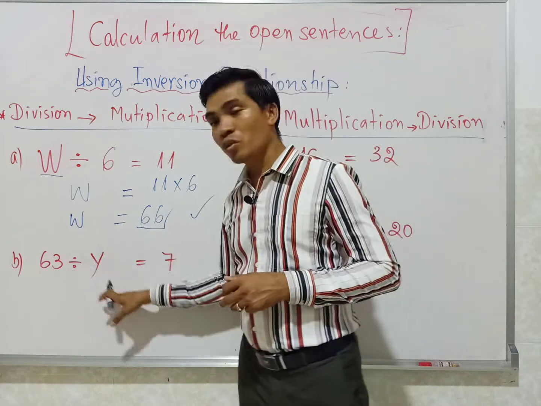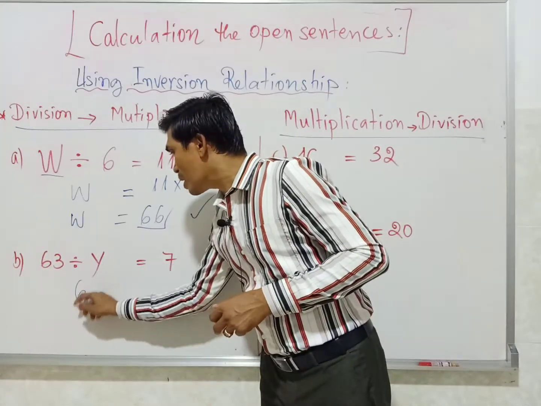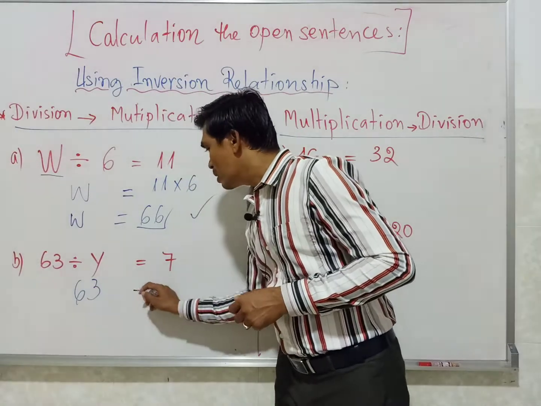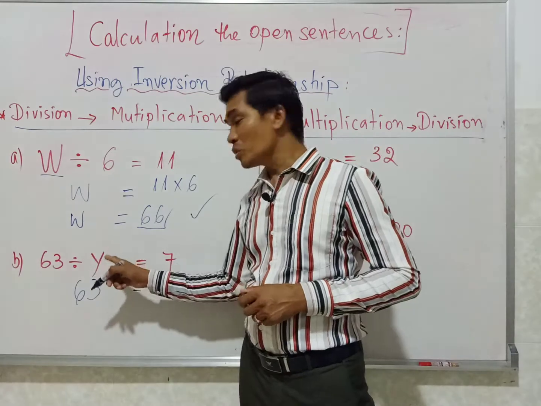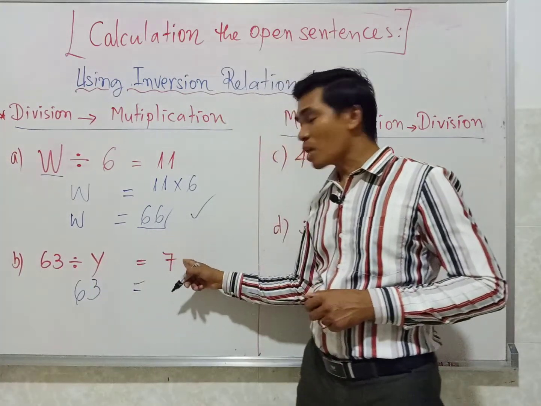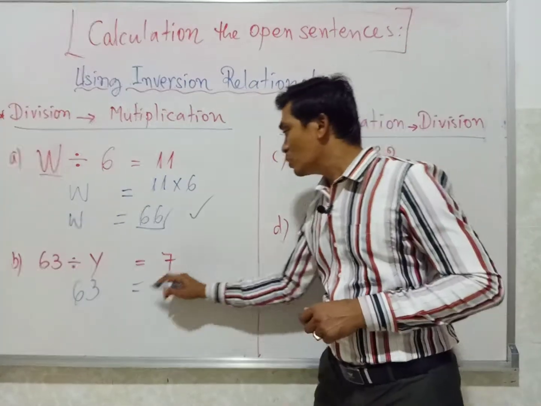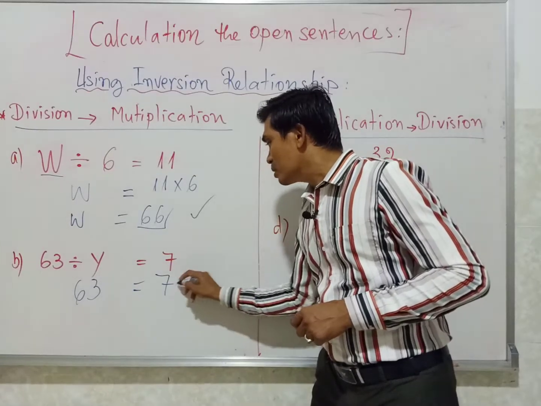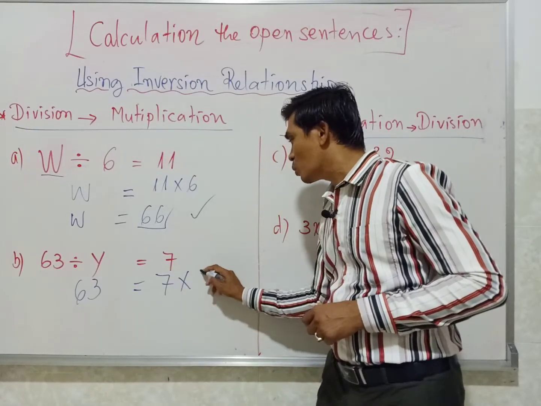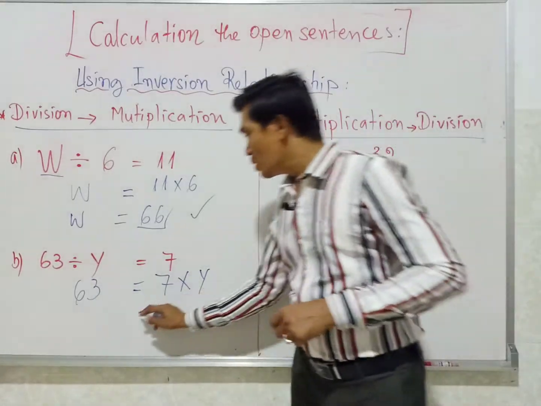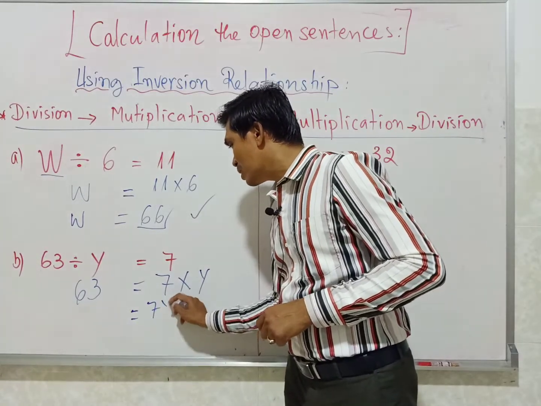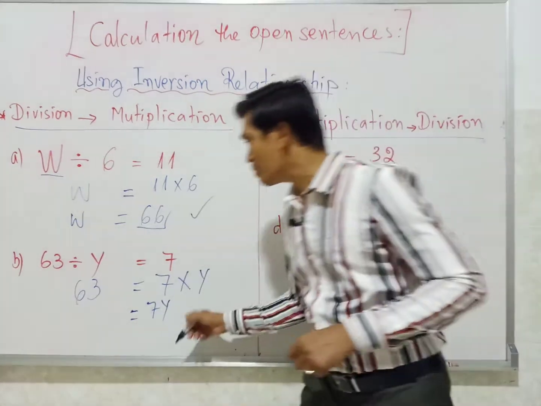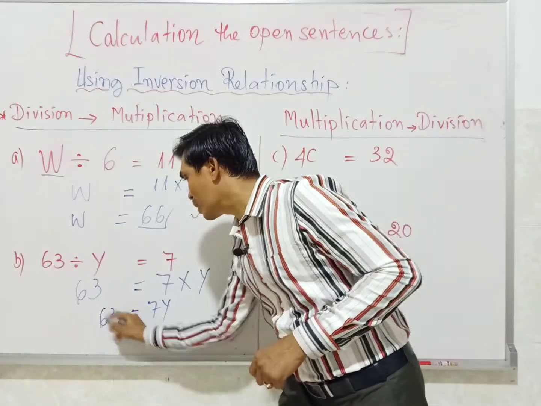So to have 63, we use y times 7, okay. So 7 times y, we have 7y, okay, and 7y is 63, okay.